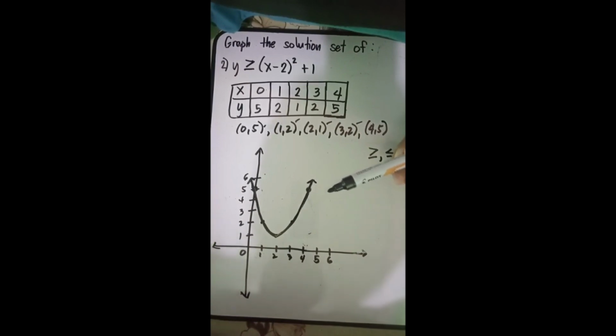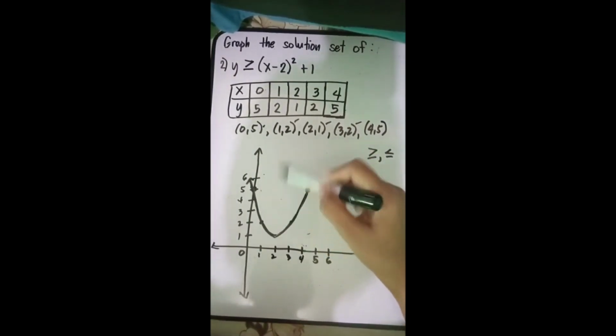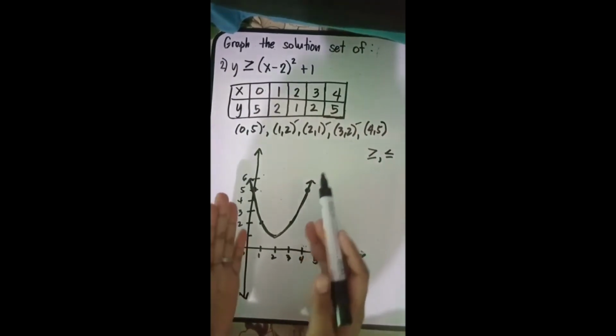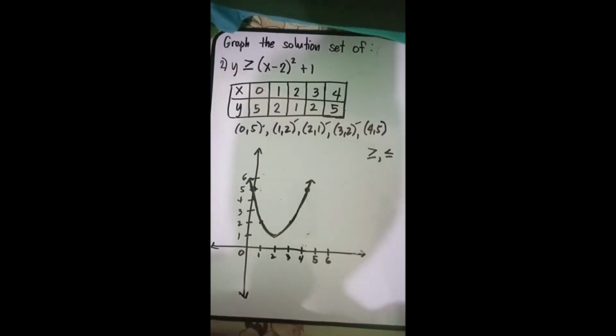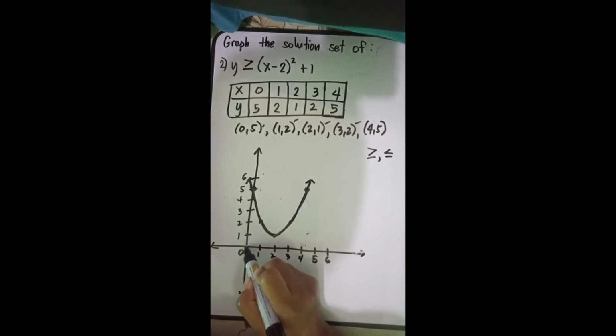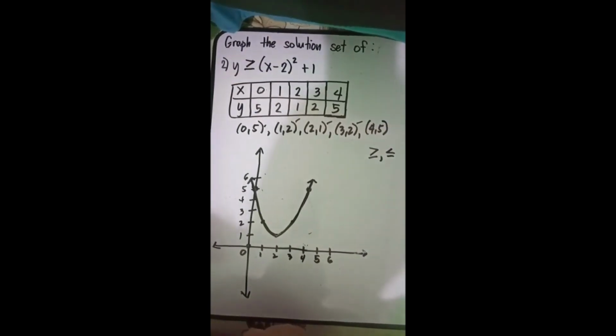So, i-determine na lang natin kung ang shaded area ba ay yung above the parabola or below the parabola, o yung nasa interior ba ng parabola o yung nasa exterior ng parabola. Okay? So, kukuha tayo ngayon ng test point natin. So, kunin natin yung test point dito, our origin. Let us use the origin as our test point.